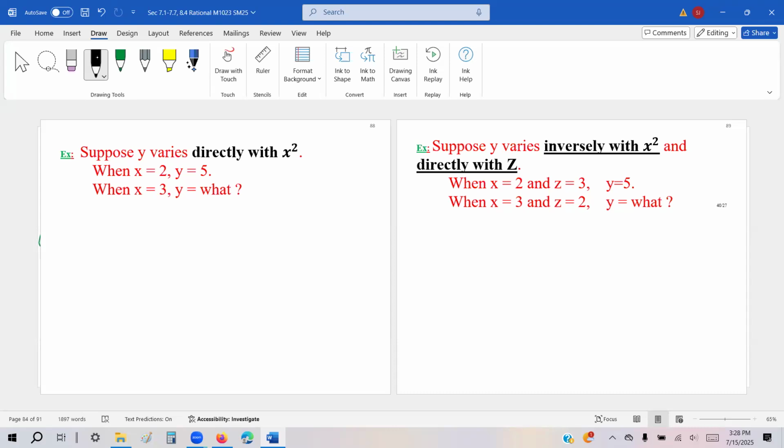You're not done yet, right? Let's take the left side. The right side is a little bit. The left side. You're not done. So the first one, K equals 5. No. Did you use the last information?